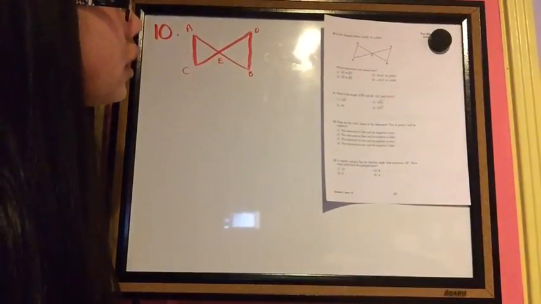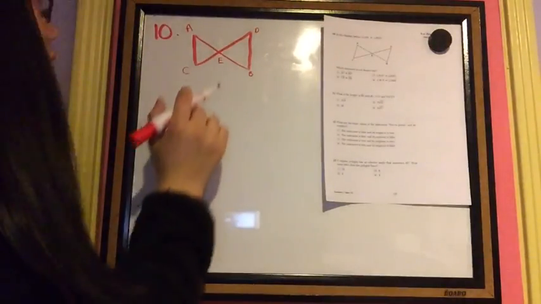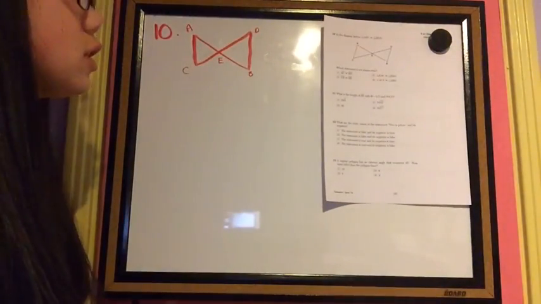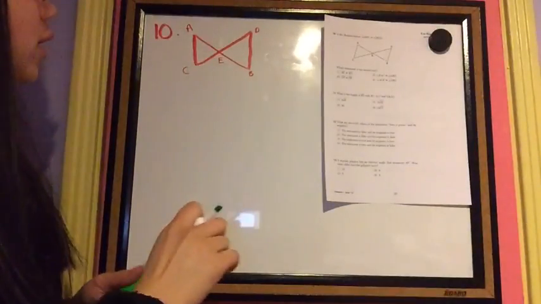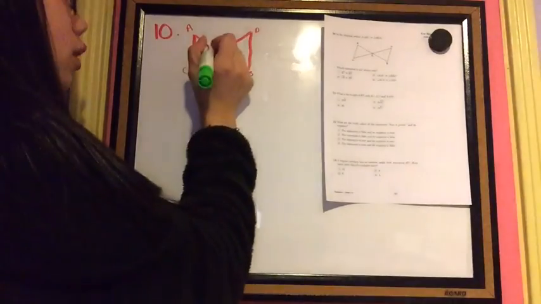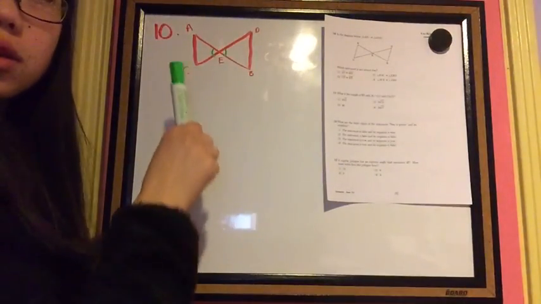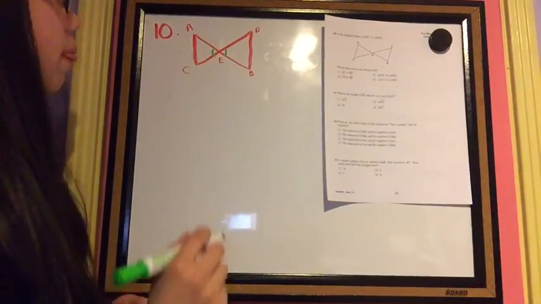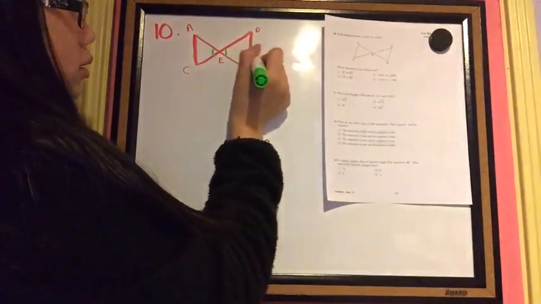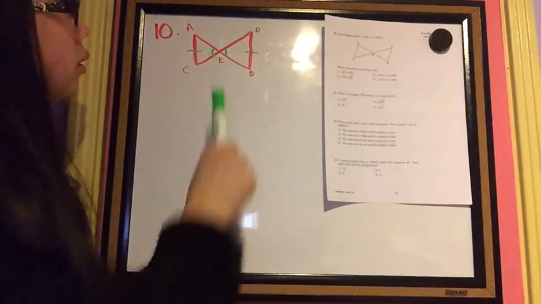Okay, so for question 10, it asks which statement is not always true regarding this. So first, let's figure out what is true. Okay, so we know that angle AEC and angle DEB are congruent because vertical angles are congruent. That means that these sides would also be congruent.